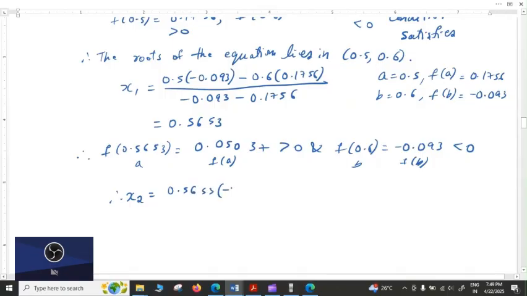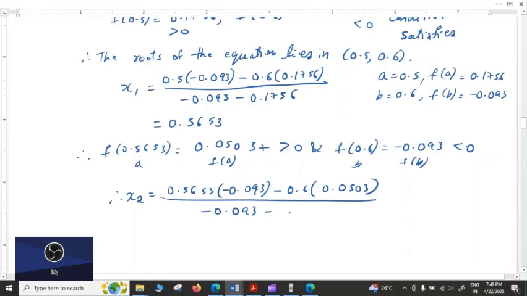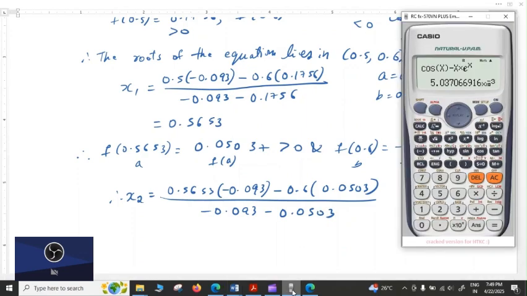F of b is minus 0.093, minus 0.6 into 0.0503, divided by minus 0.093 minus 0.0503. Let us put it in the calculator and just check the value.